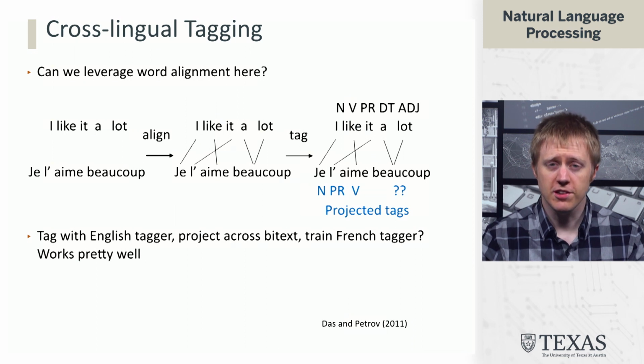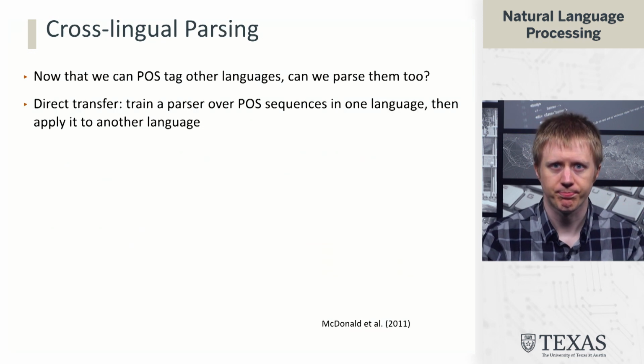So this is pretty nice in that it lets us leverage stuff that we already have in order to build resources for other languages. And we can extend the same kind of idea to parsing. So the obvious most tricky thing here is the fact that different languages might have pretty divergent syntax.